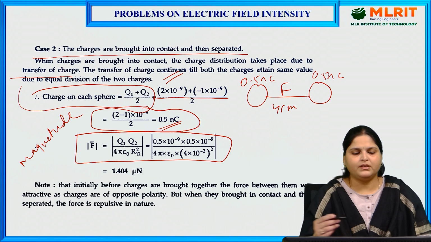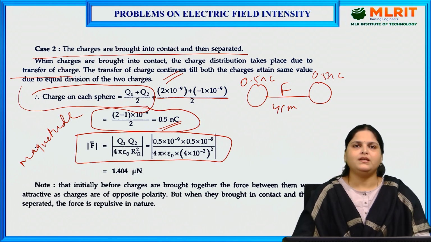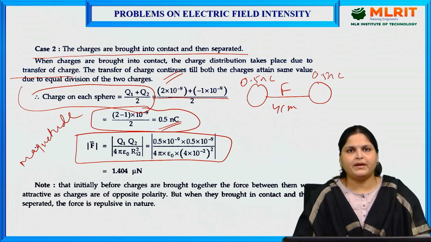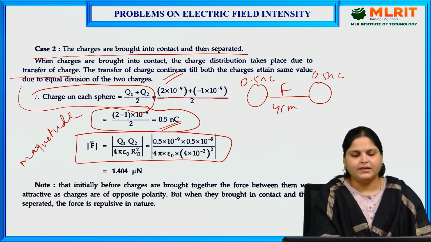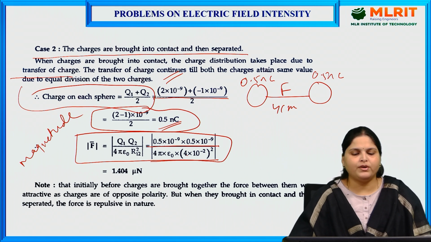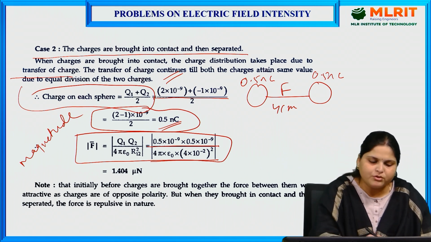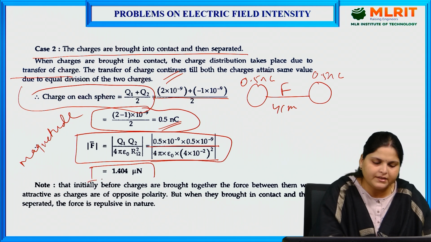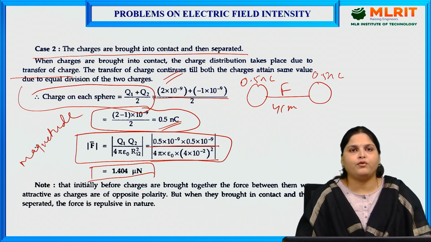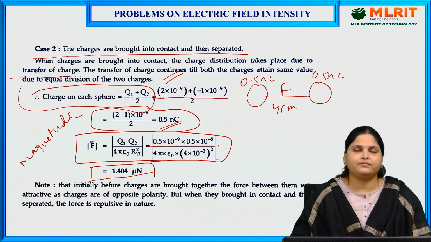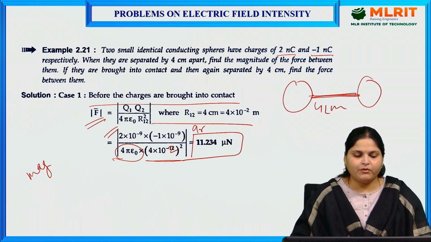We will put the values of Q1 and Q2 here: 0.5 into 10 to the power minus 9 into 0.5 into 10 to the power minus 9, divided by 4 pi into epsilon naught into (4 into 10 to the power minus 2) whole squared. When we are solving it, we get 1.404 micronewton, right?